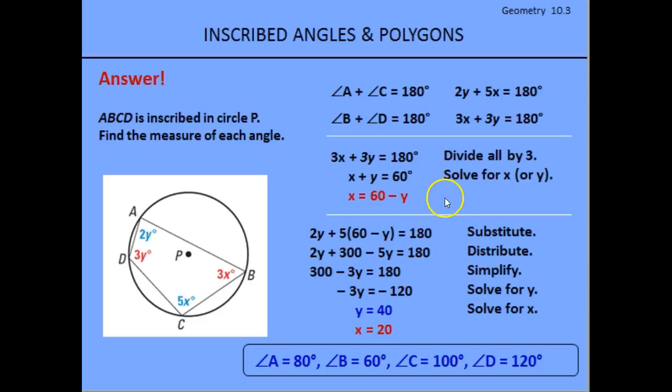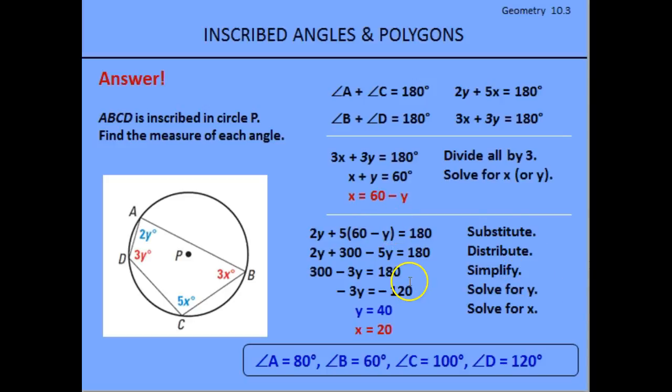So if we have x equals 60 minus y, that's what I'm going to substitute for x into this equation right here. So once we do that, we have 2y plus 5 times what was x, 60 minus y, equals 180. That's when we substitute. Now we're going to have to distribute. So we will distribute 5 times 60 and 5 times negative y.